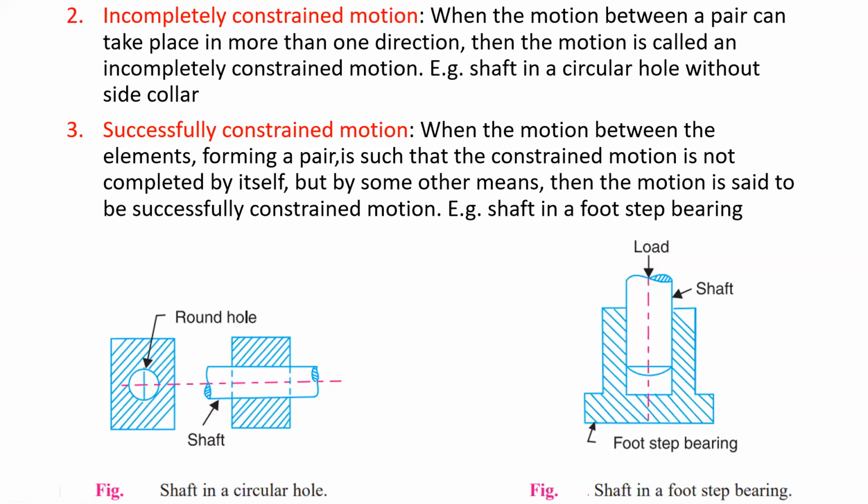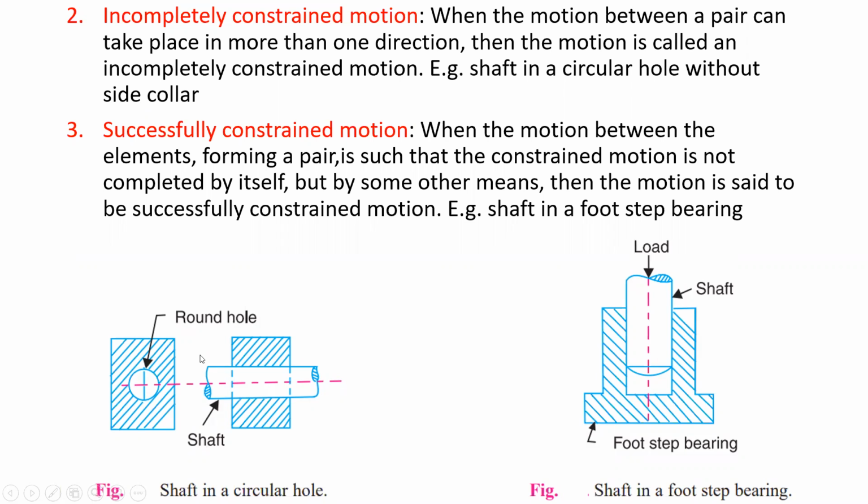So, for example, what is the example of incompletely constrained motion? You see this figure where my mouse is. A round hole is there and a shaft is inserted in that. So this shaft can rotate, it can turn in the hole, no doubt, as well as it can slide in the axial direction. Its sliding is not prevented.